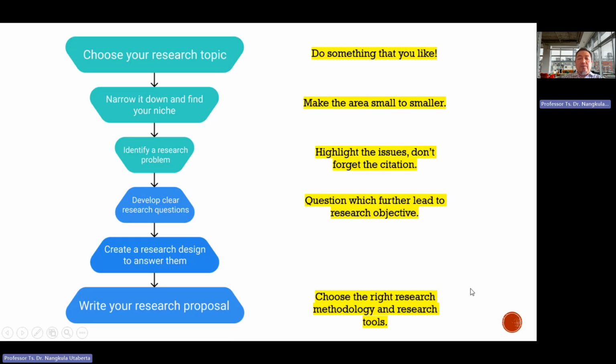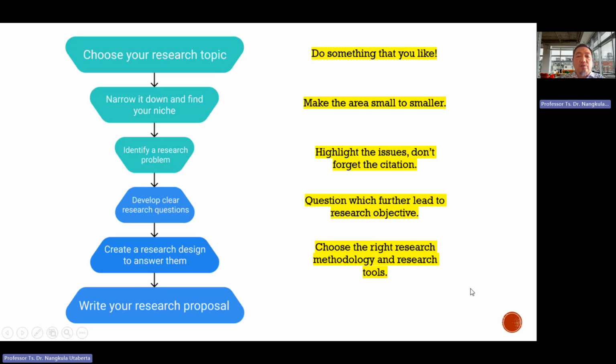So to repeat what I've said before, choose your research topic. Do something you like. Before you do something, try to choose something that you like to do. Then from that something you like, you want to focus and narrow it down.